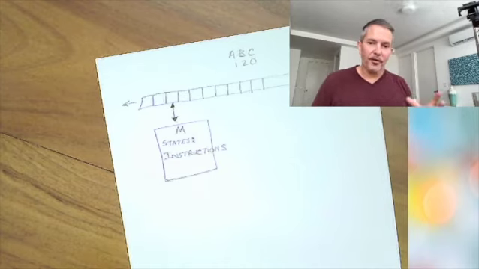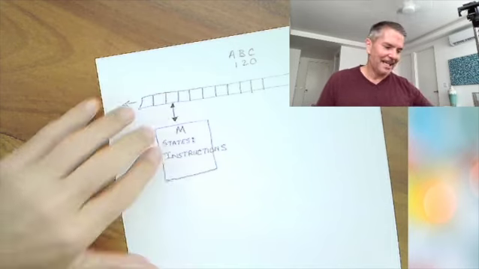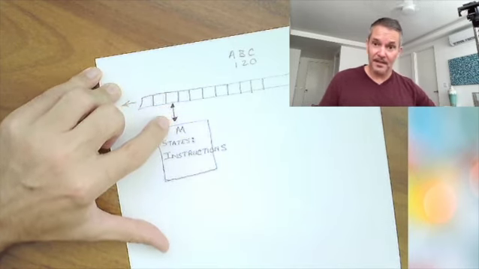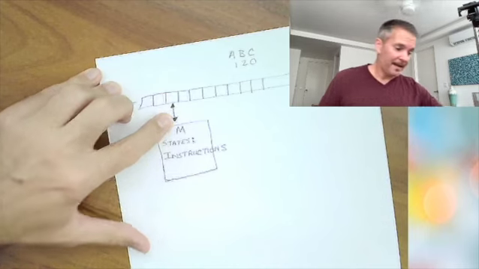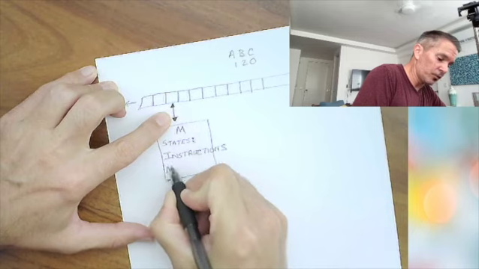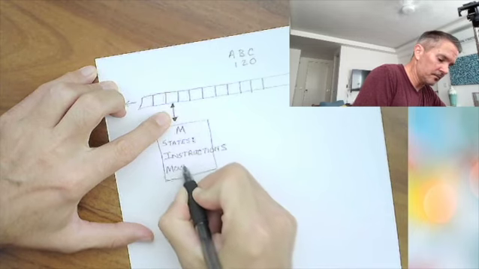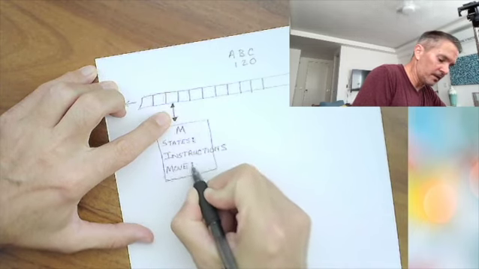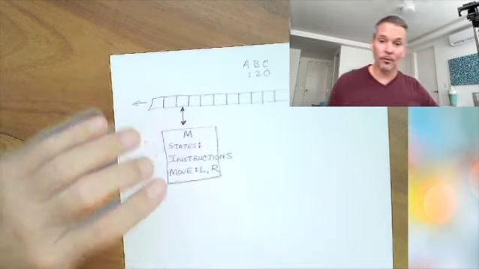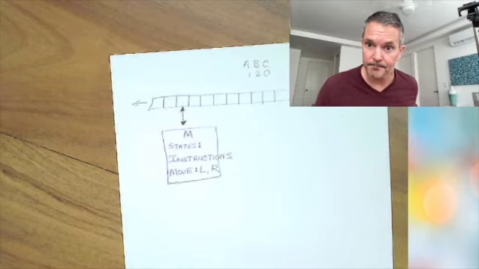And the third aspect of it is it has access to this reader and it can read what is on the tape. And it can move the tape, left or right, or it can not move at all.